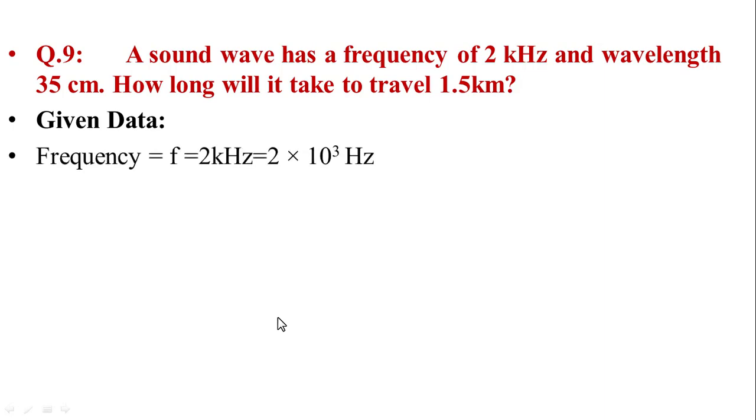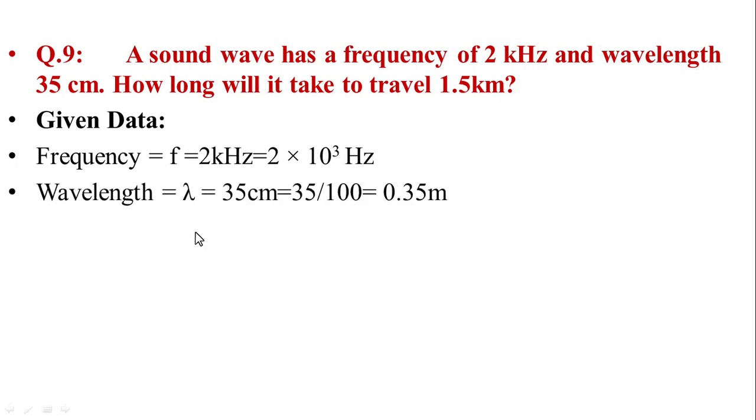Frequency f is equal to 2 kilohertz is equal to 2 multiplied by 10 raised to power 3 hertz. And also the wavelength lambda is equal to 35 centimeter. First of all, centimeter changes into meter: 35 divided by 100 is equal to 0.35 meter.